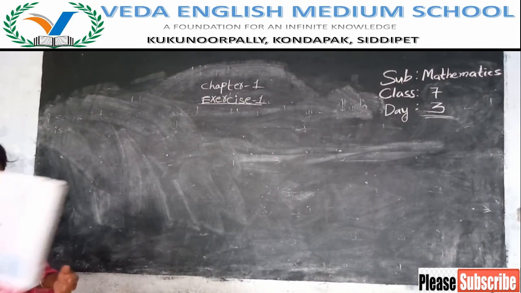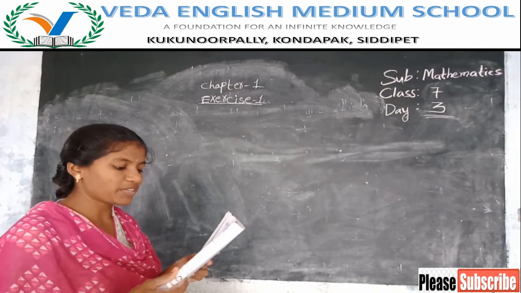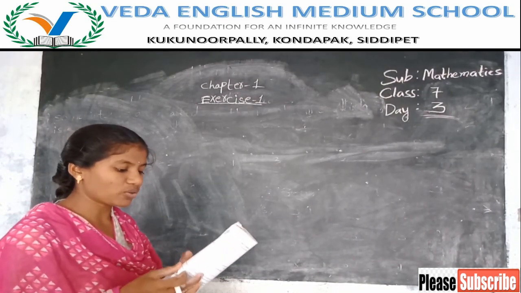Second question. See the second question in your textbooks. Write the integers between the pairs of integers given below.